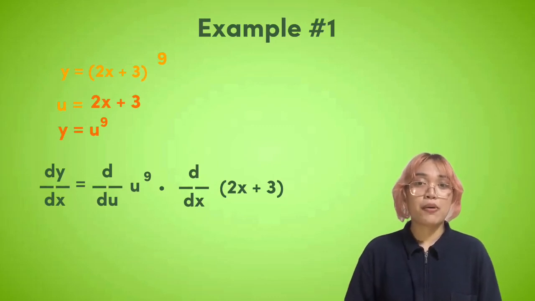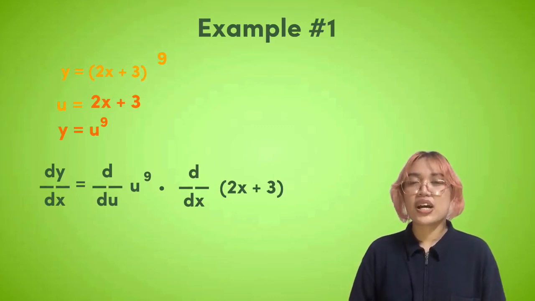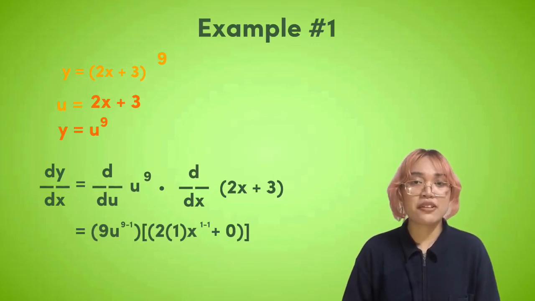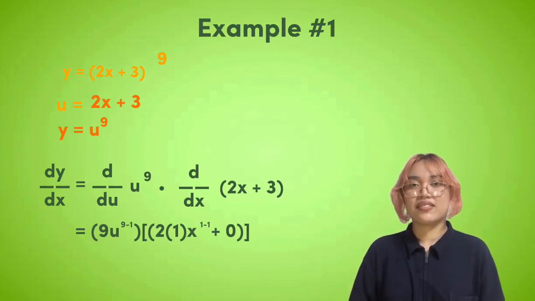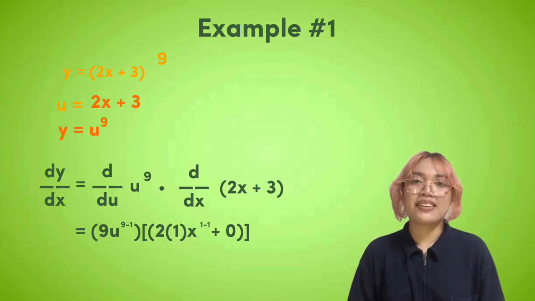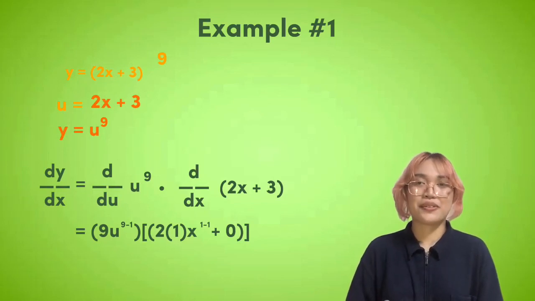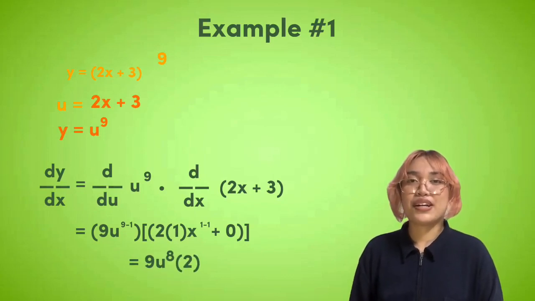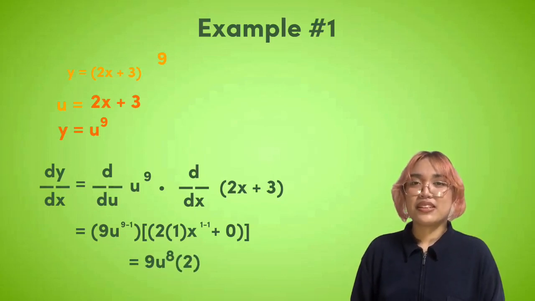We will apply the power rule here, which will become 9u raised to 9 minus 1. Then, we will multiply this to the quantity of 2 times 1x raised to 1 minus 1 plus 0. Simplifying it, we now have 9u raised to 8 times 2. Distribute 2, we now have 18u raised to 8.